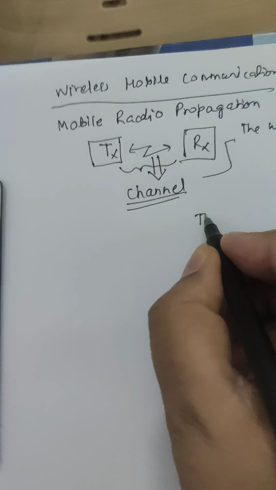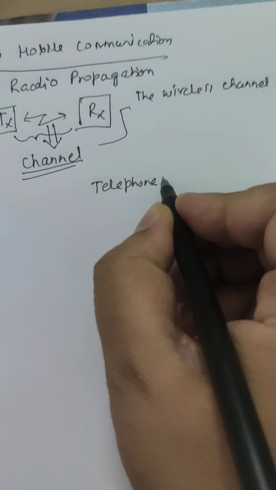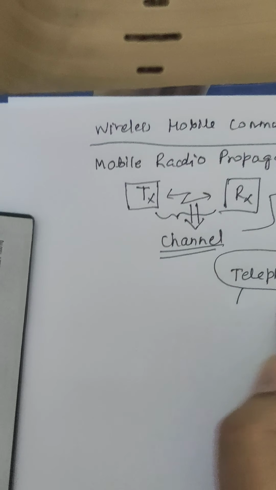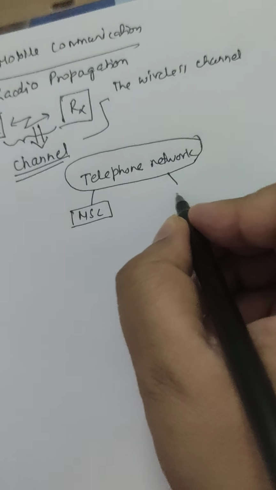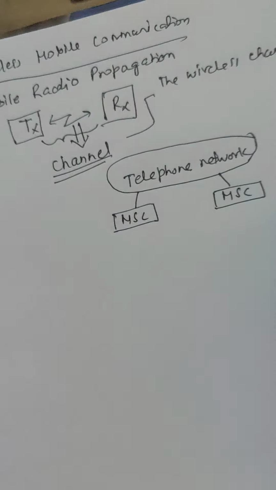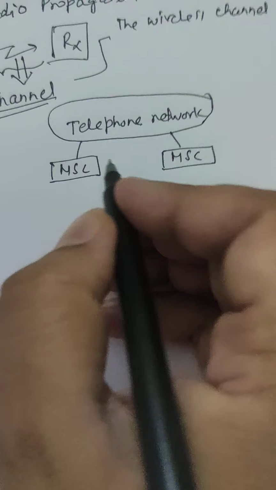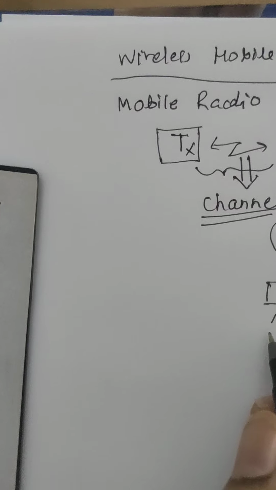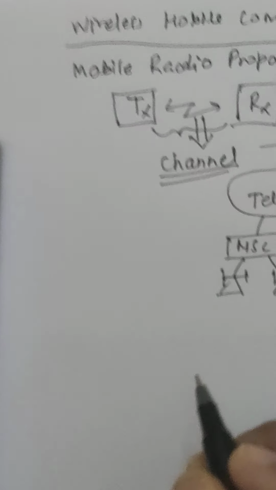Consider this figure. This block is the telephone network, and it is connected to an MSC, which is connected to another MSC. In this MSC there are connections to the base station.